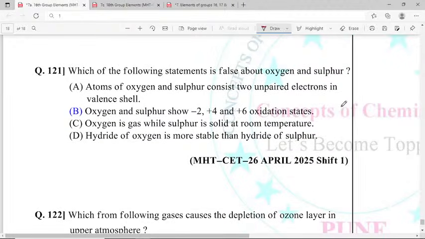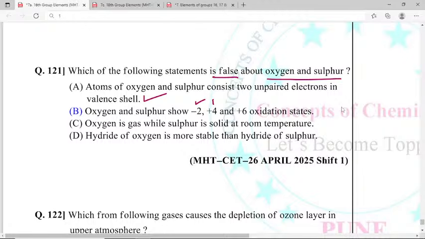Which of the following statements is false about oxygen and sulfur? Atoms of oxygen and sulfur have two unpaired electrons in the valence shell. Correct. Oxygen and sulfur show -2, +4, +6. Wrong. +4 is wrong, +6 also wrong for oxygen.